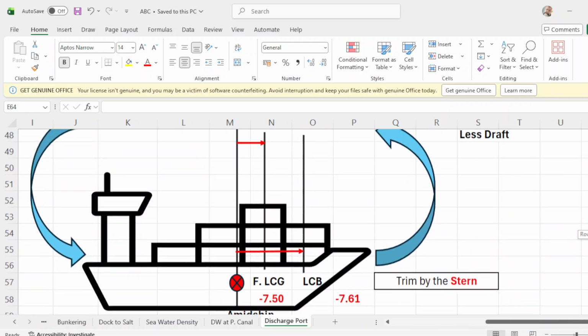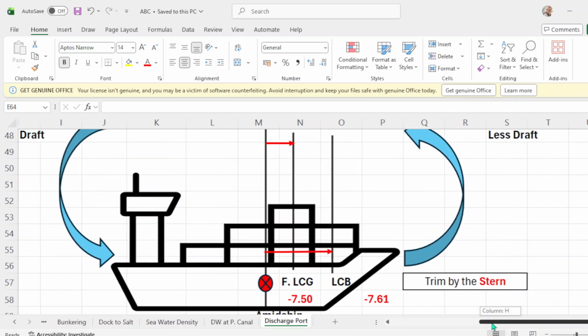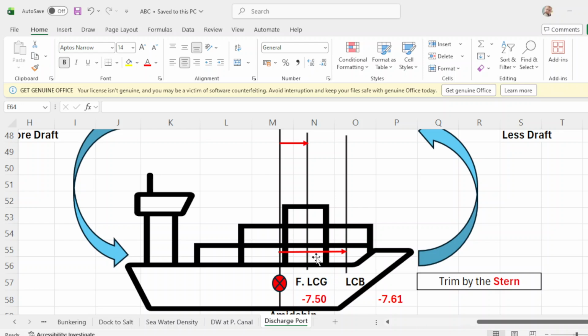Or another explanation, I would say, if this is your LCG, the weight of your vessel plus the weight of your cargo, the tendency of the weight is to push you down because of the gravitational pull.